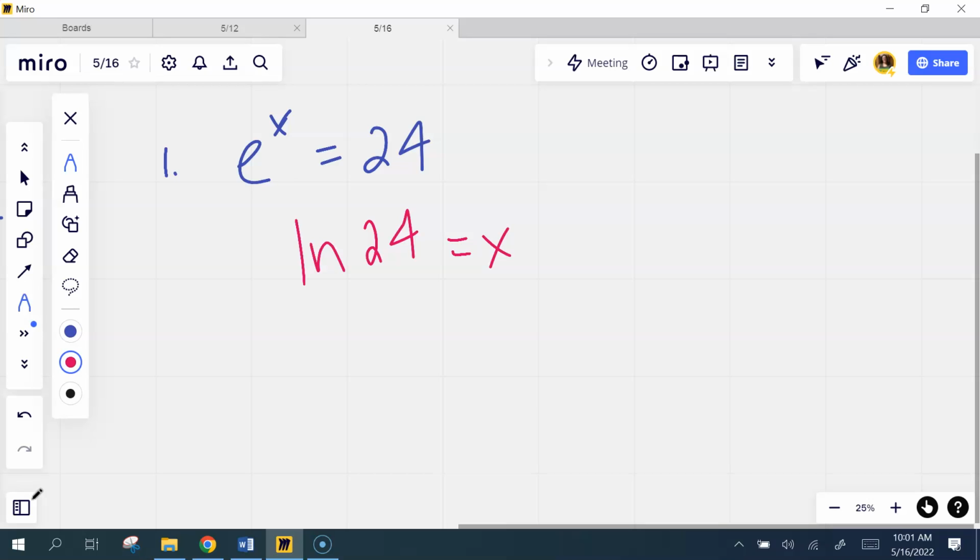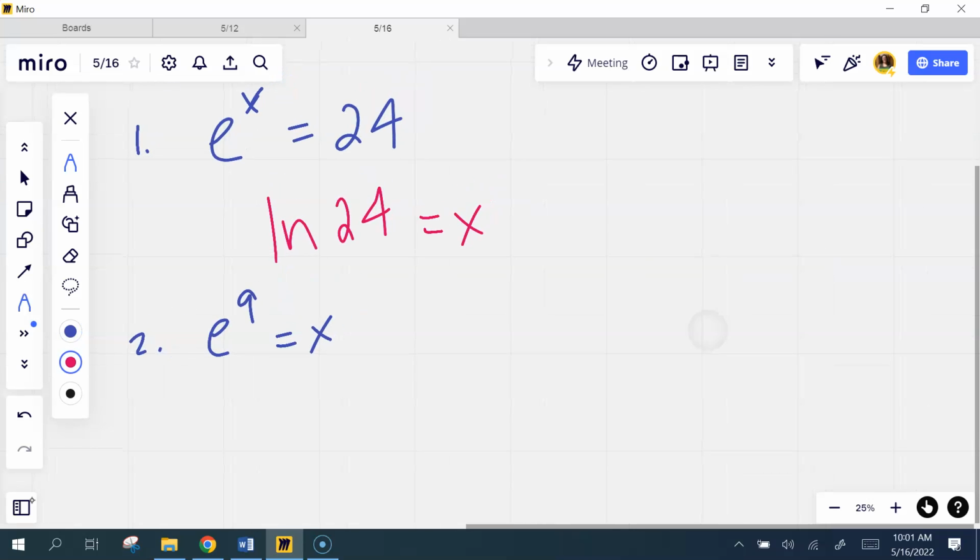How about number 2? All right, say it again. Natural log of... easy. It's what we've been doing. It's just there's an e there instead. How about number 3? We have e, and this time we've got a polynomial in the exponent, but I'm still going to do it the same way.